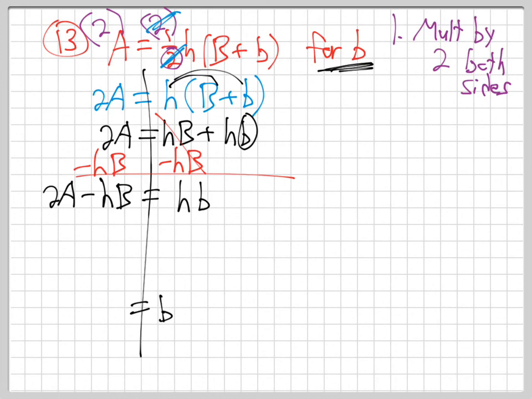Last step to get the little b alone: divide through by the little h. And that cancels out. And little b is alone. And there, if you look on the multiple choice, it's option A.